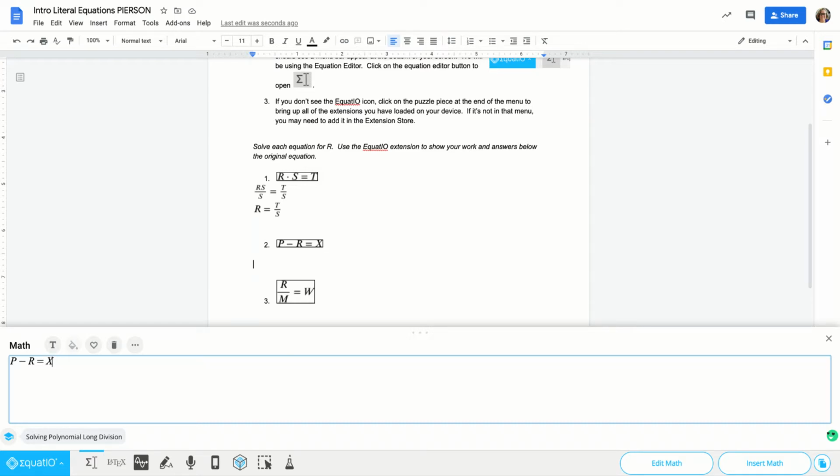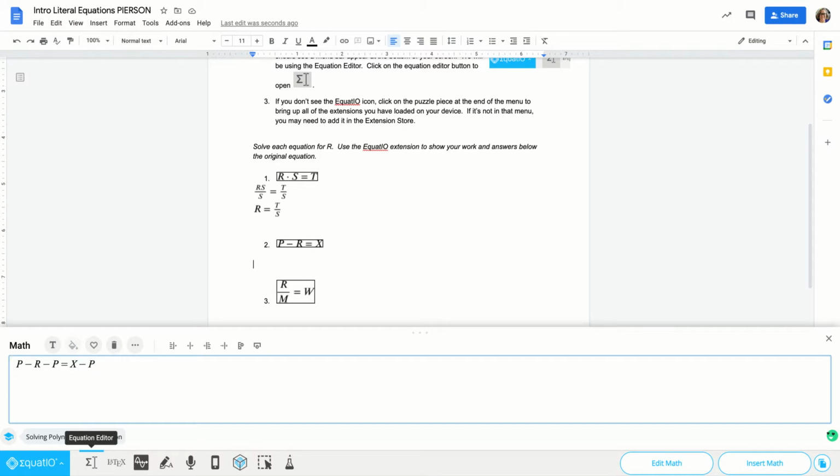I'm going to do my personal preferred way, but you don't have to do it this way. I want to get R by itself. So I have P over here. I need to subtract P from here to get rid of P on that side. And then what I did to that side, I also have to do to the other side. So I'm subtracting P from X.